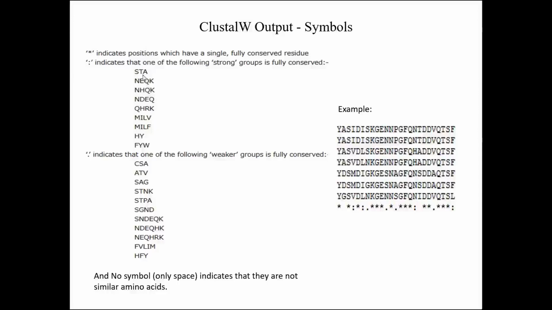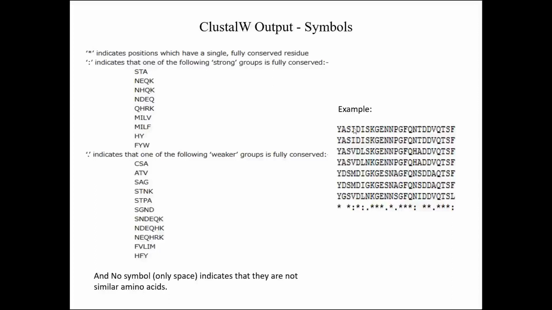So when these set of residues occur in a column, then that column is indicated with double dot. Next thing is, these are again a set of residues which have weak similarity between them. When these residues are seen in a column in the alignment, then they are indicated by a single dot.